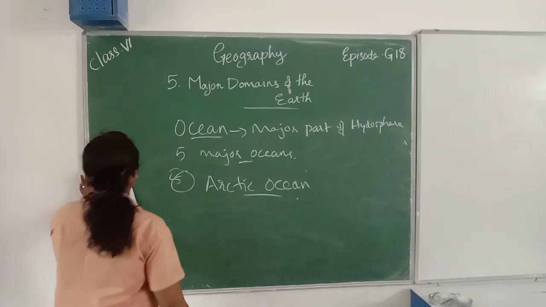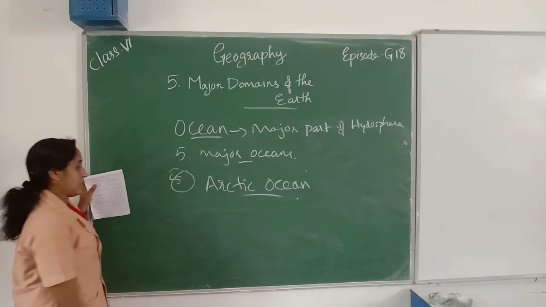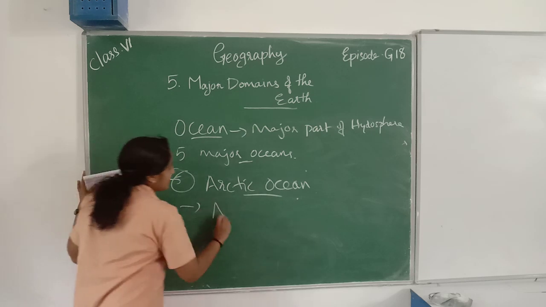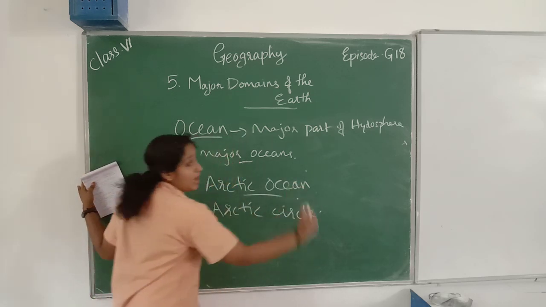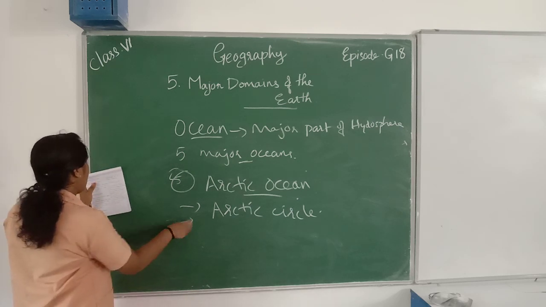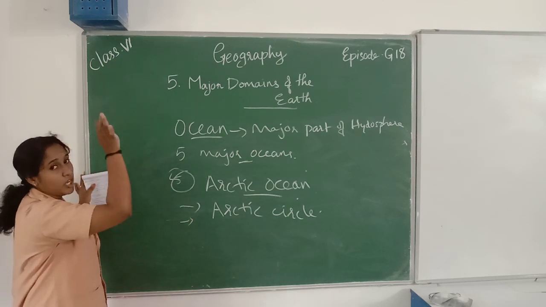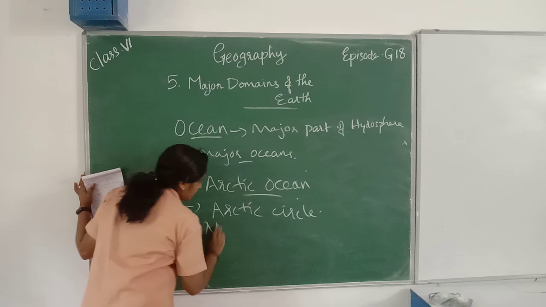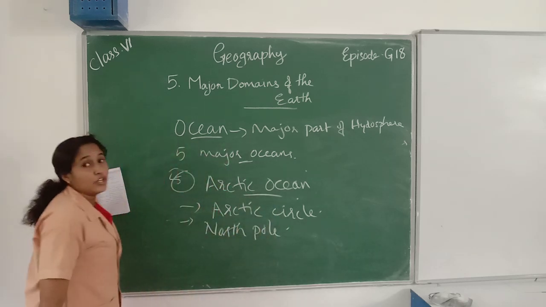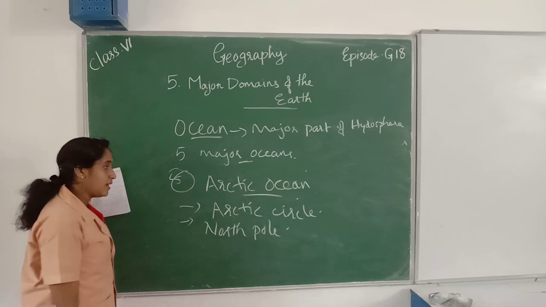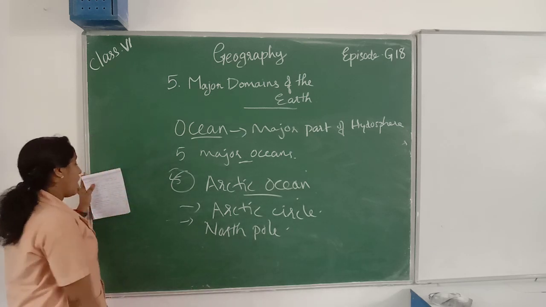And the Arctic Ocean is within the Arctic Circle. It is mainly in the Arctic Circle, and it surrounds the North Pole of the Earth. That is the Arctic Ocean.